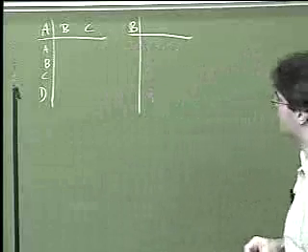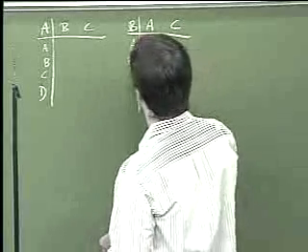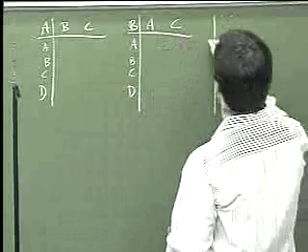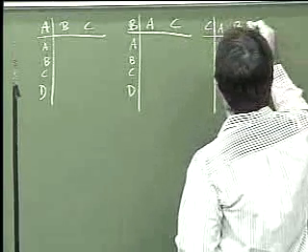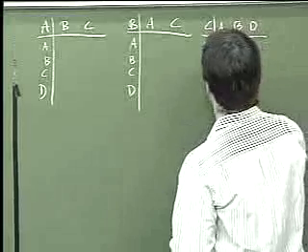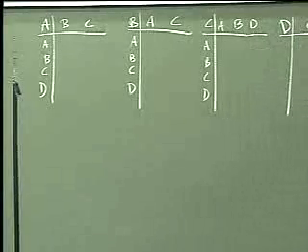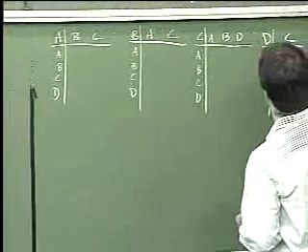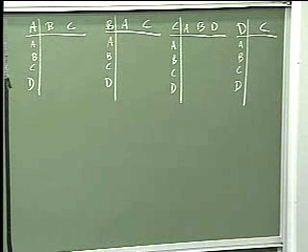Node B has two neighbors, A and C. And A, B, C, D. Okay, node C has three neighbors, A, B, and D. And node D has one neighbor, C. Okay, so initially you see your table with the distance that you're aware of, so the immediate edge, if you have one to that destination.